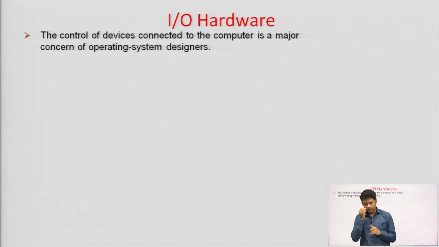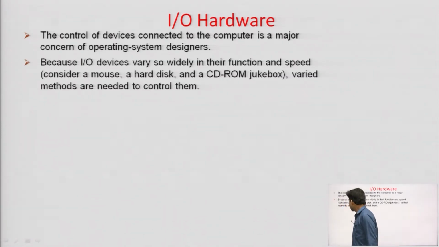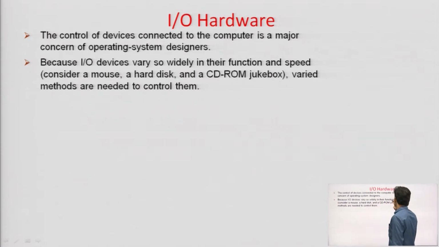What are the hardwares inside this input output? There is an incredible variety of input output devices. The control of devices connected to the computer is a major concern of operating system designers.